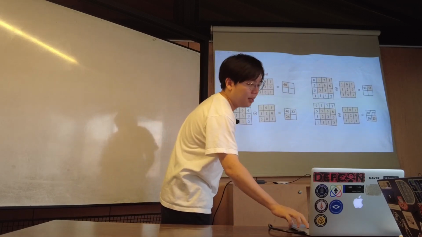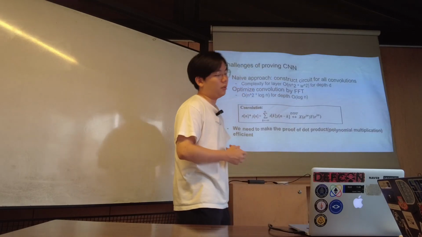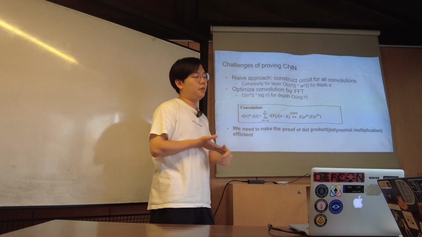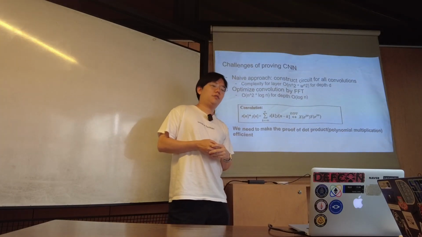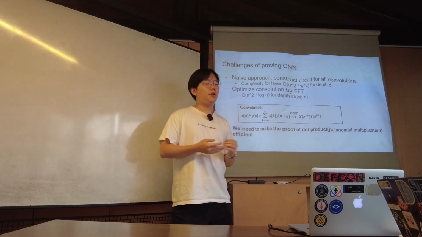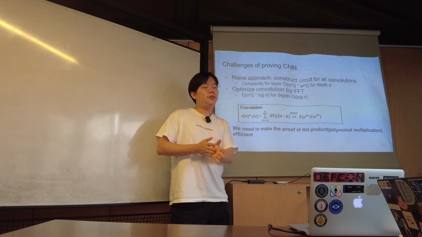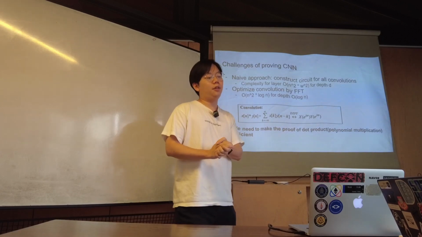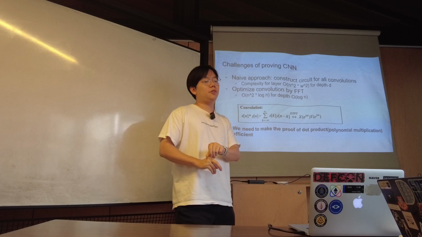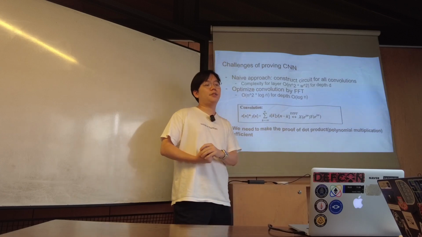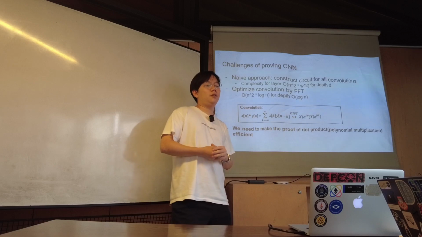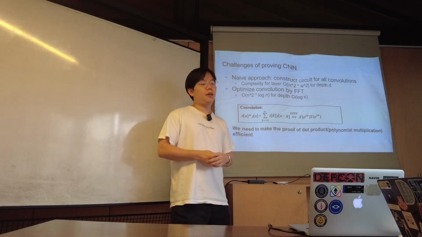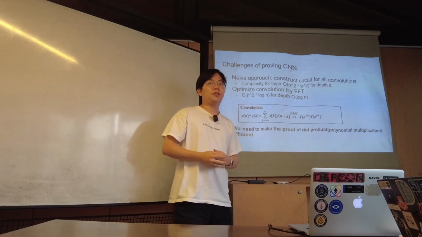That is going to create a lot of gates. If you take the naive approach, constructing a circuit for all convolutions within the image and the kernel, the complexity of a layer is going to be n squared times w squared, where n is the size of the image, and w is the width of the window, and that is times d, which is the depth of the entire neural network.